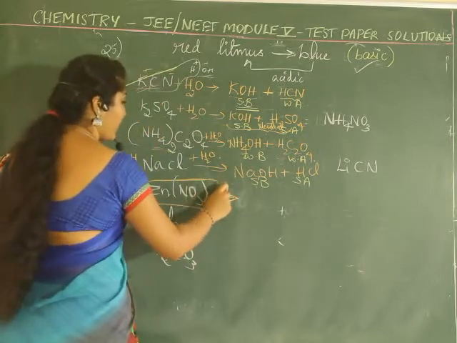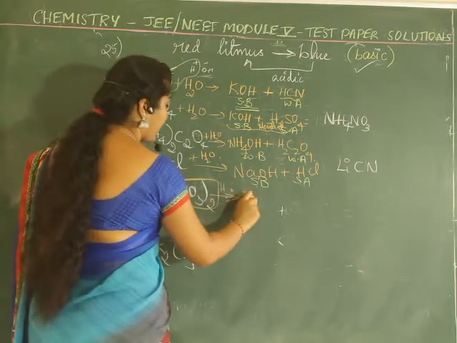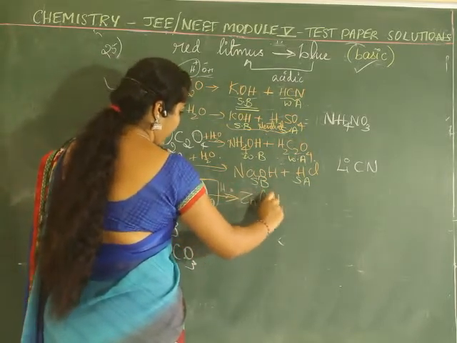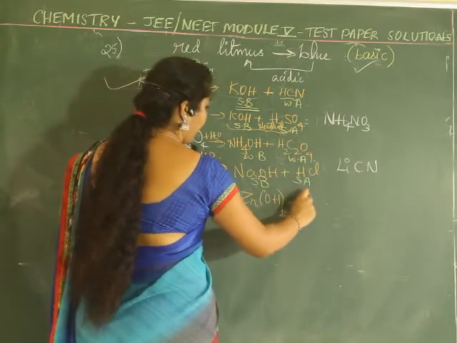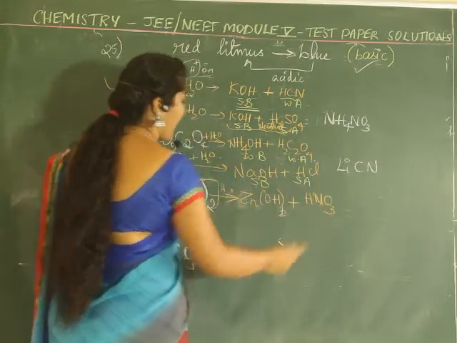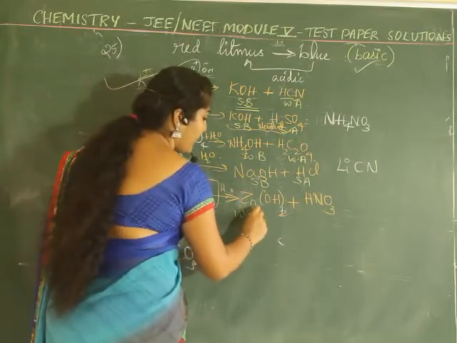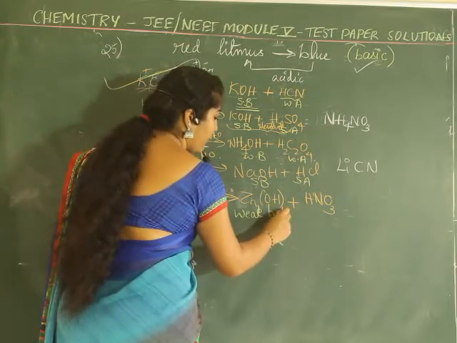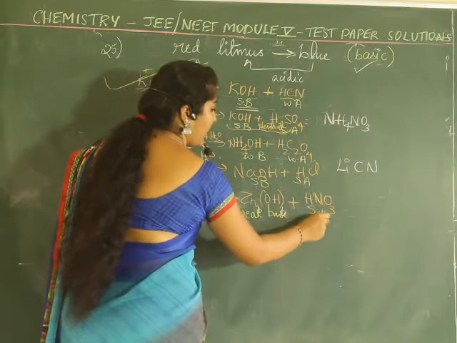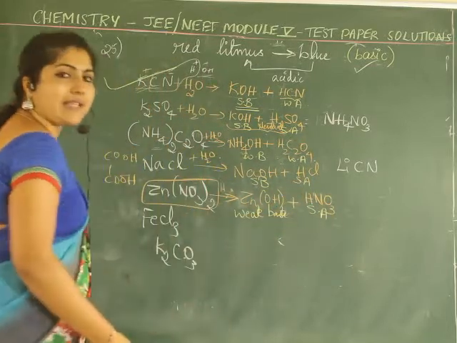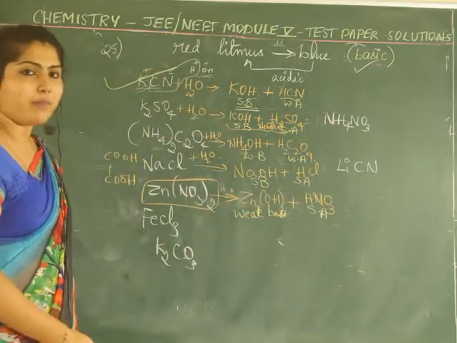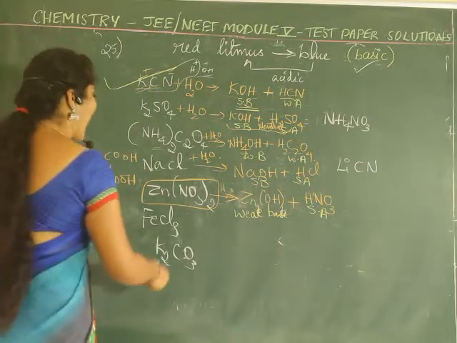Here if you treat zinc nitrate with water, you get zinc hydroxide and nitric acid. Zinc hydroxide is a weak base and nitric acid is a strong acid. So ultimately the solution will be acidic.